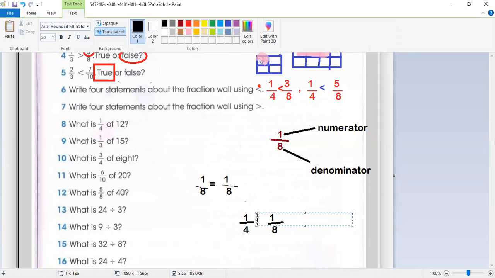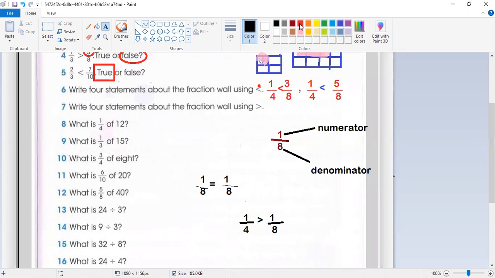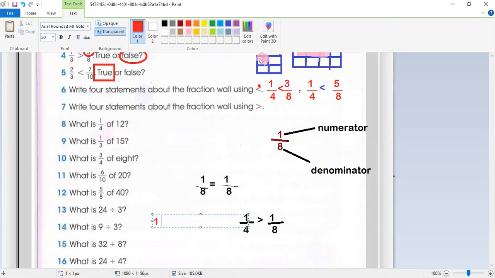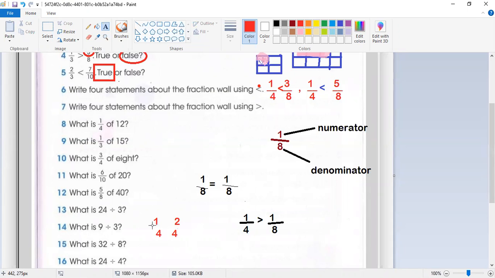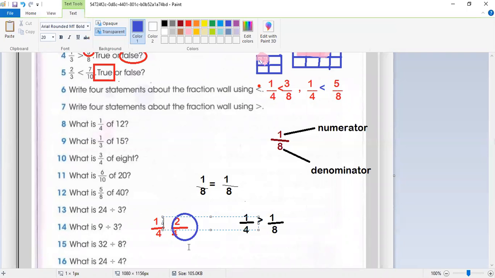You draw the sign of big. Now I will put one more example: numbers 1 and 2, and down we have 4 and 4. If I ask you which number is big, you will tell me it is 2/4. Here the big number is 2/4, and you can write the sign of big.